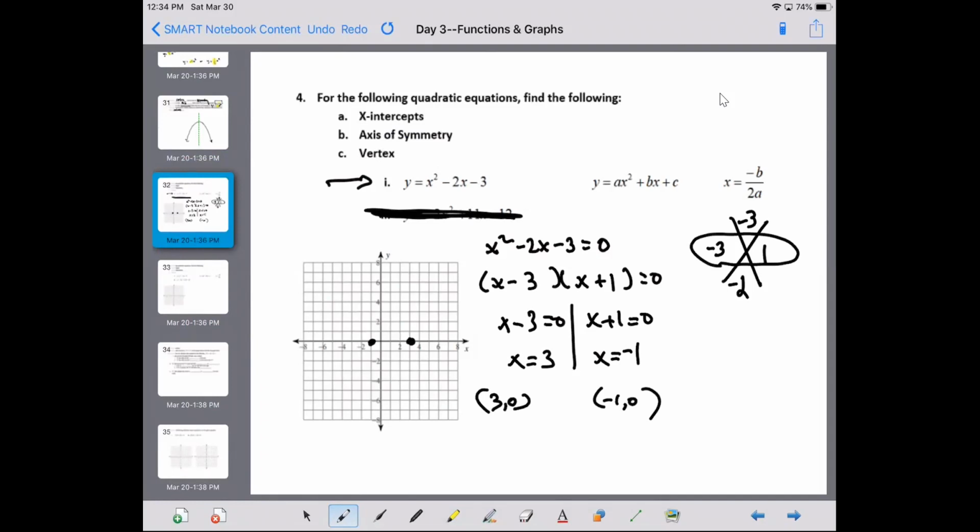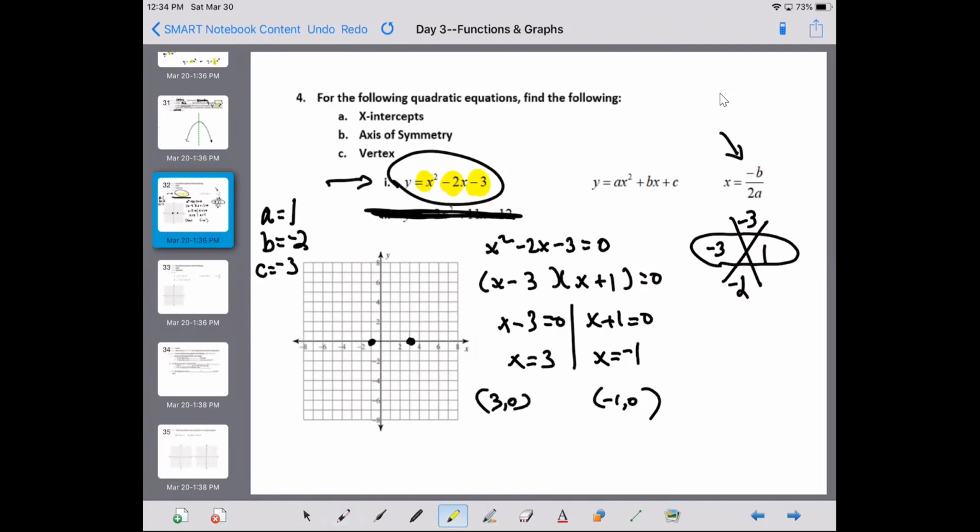And now I need to find the axis of symmetry, which is this equation right here. Now a, from my equation, a is 1. It's that understood value in front of the x squared. b is negative 2. Notice I'm taking the sign with the middle term. And then c is going to be negative 3. Same thing. I'm going to take the sign of the c.